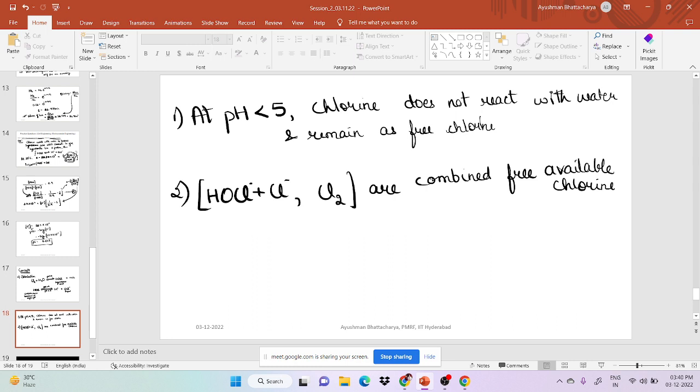Out of these forms of free available chlorine, the third thing is that HOCl is the most destructive one.